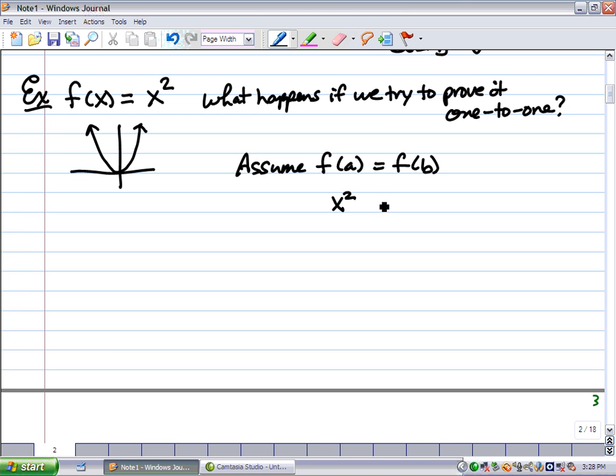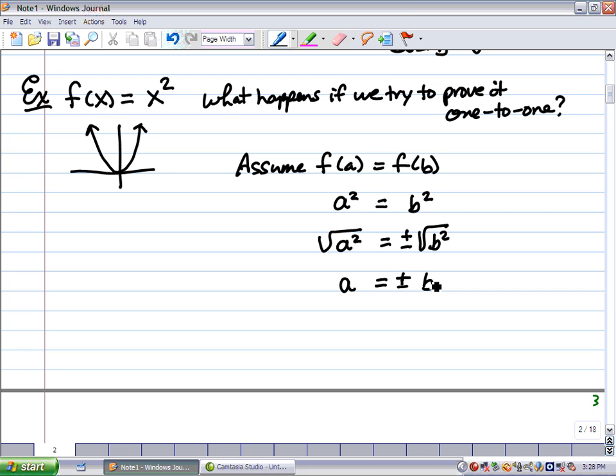So then x squared, if I put a in there, means a squared equals b squared. Well, how am I going to solve for a? Take the square root. But remember, when we take the square root of both sides, what do we always have to include? Plus or minus. So assuming these are the principal square roots, I get a equals plus or minus b.